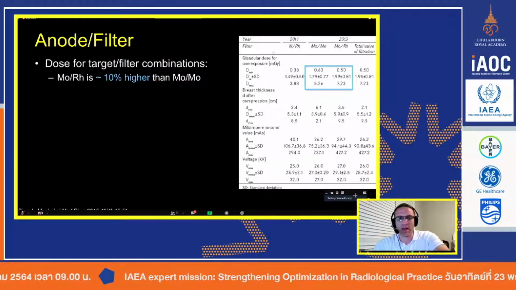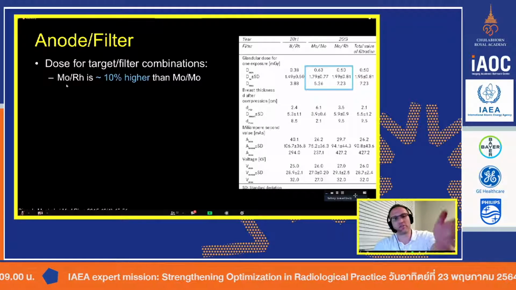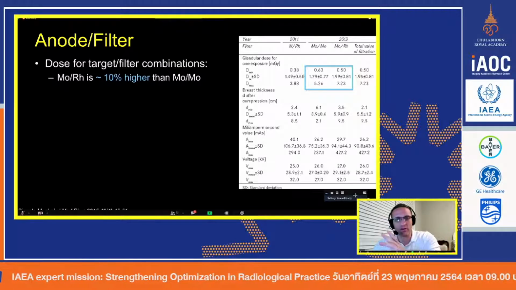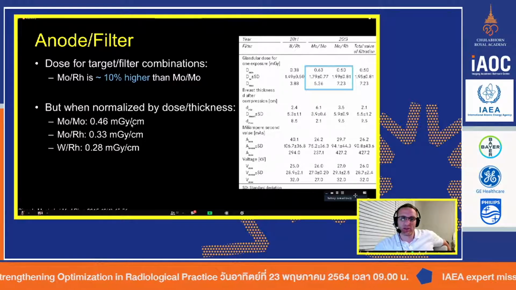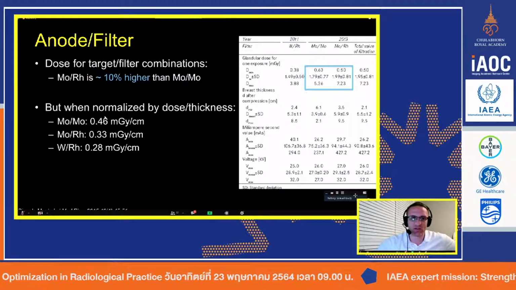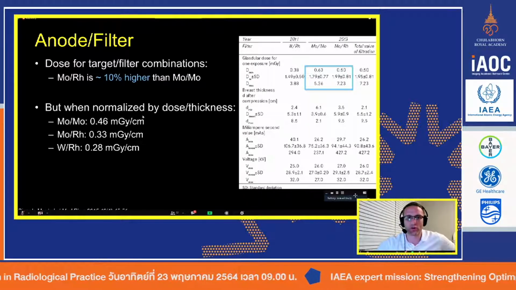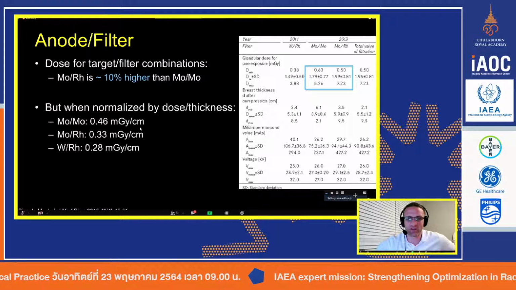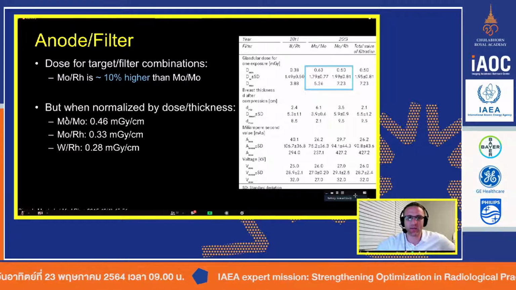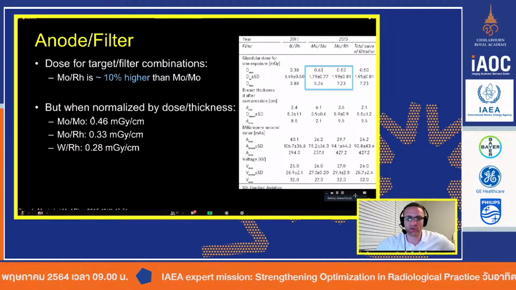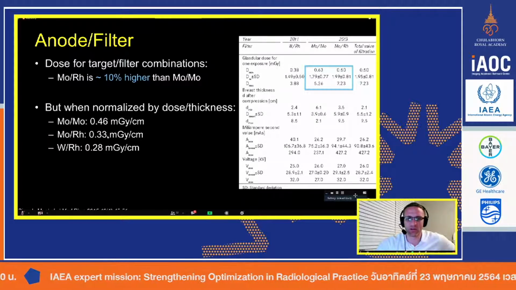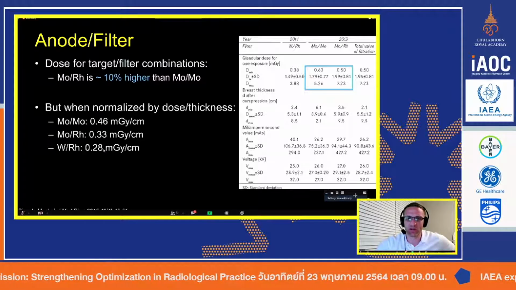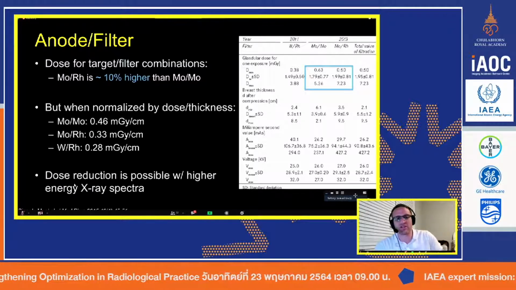But we know we typically use the rhodium filter for thicker breasts, so when they normalized the data by patient breast thickness, moly gives you 0.46 milligrams per centimeter, moly rhodium is 0.33, and then tungsten rhodium is 0.28.